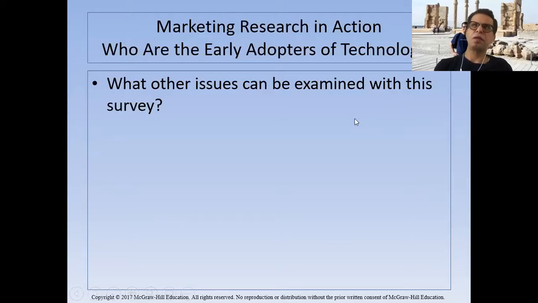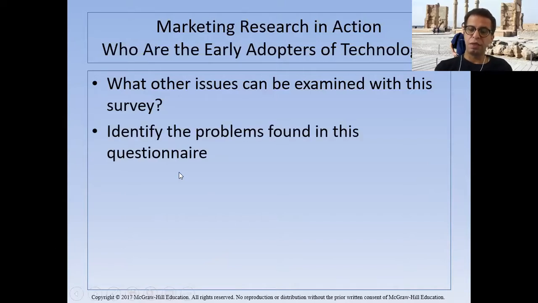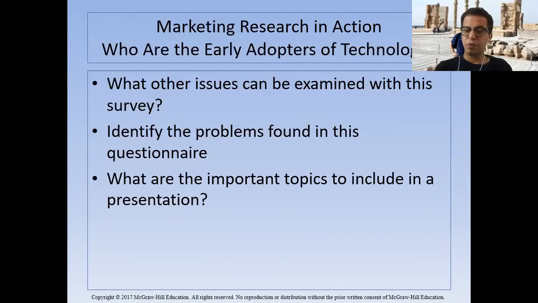So if you're talking about an early adopter and an entrepreneur, a new product, mostly in the field of technology, what things can be derived from the survey that you have? So it gives an extra taste in your research, more value in it. Identify the problems found in these questionnaires and what the important topics are to include in the presentation.